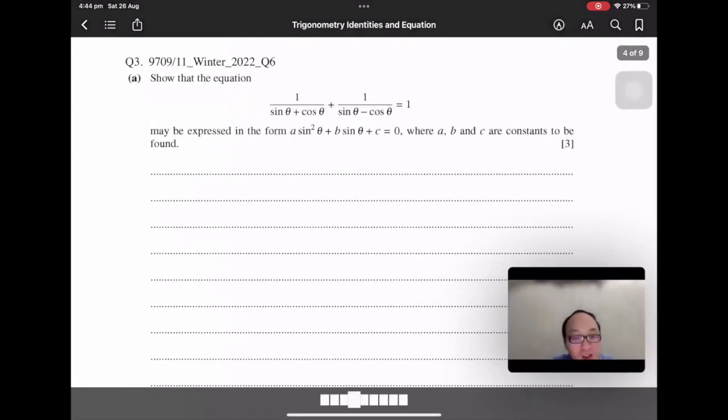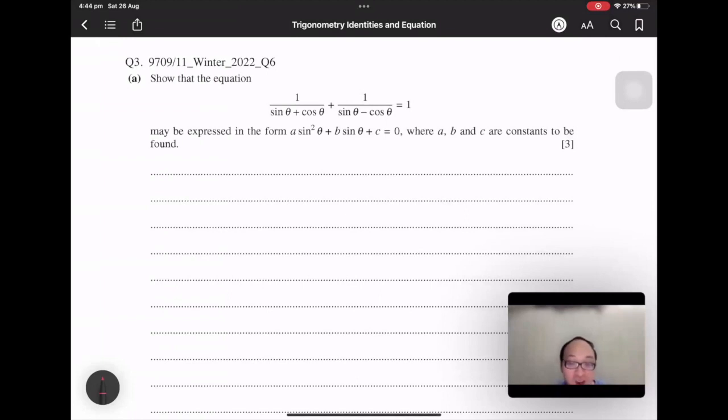Next, number 3. Show that the equation may be expressed in the form of a sine squared theta plus b sine theta plus c equals 0, where a, b, c are constants to be found. So we can use this, yeah. 1 over sine theta plus cos theta, 1 over sine theta minus cos theta equals 1.